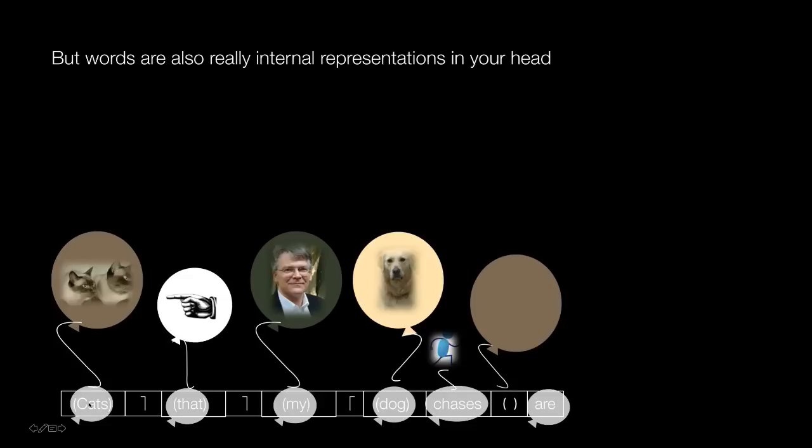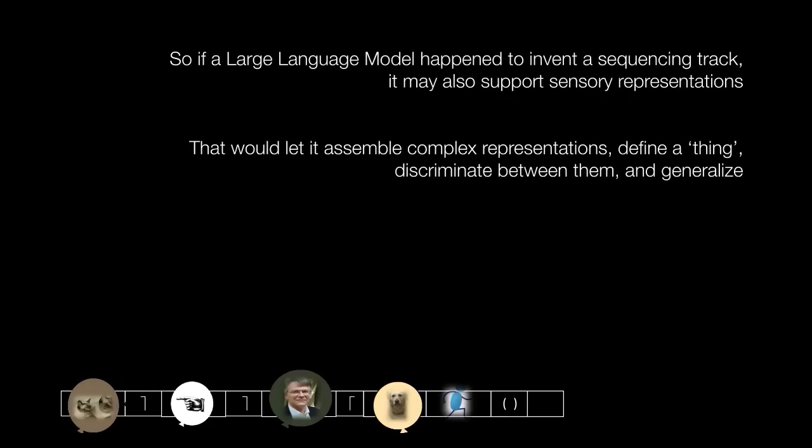These words are really just representations too. There are no words in your head. There's just neural spikes, right? So you've already got representations getting dropped in here. It doesn't seem to me a very big step to be dropping these representations into the same sequencing track and doing the processing.